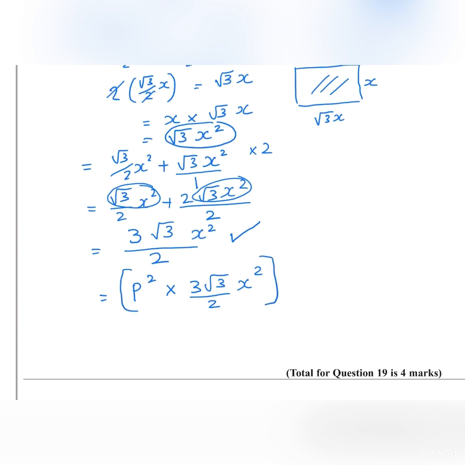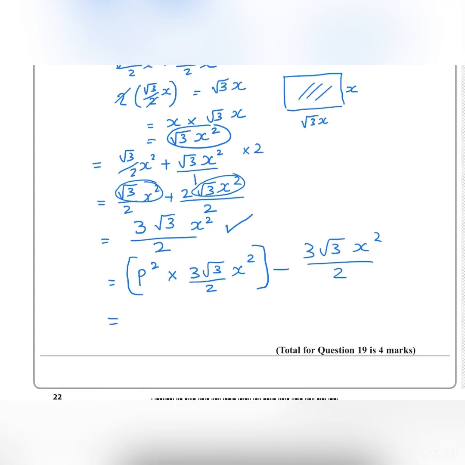Okay, if we take away the area of the smaller hexagon, which is 3 root 3 x squared over 2, that will leave us with the shaded part here. Okay, so this is what you have to do next.